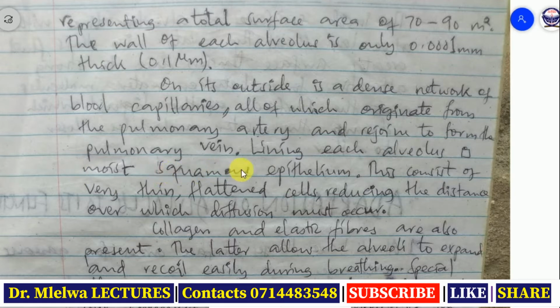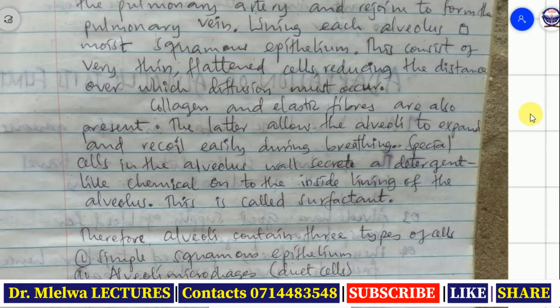Also, because they are squamous, meaning flat, they decrease the distance for diffusion of the gases. We call them simple because they are one layer. They consist of very thin, flattened cells, reducing the distance over which diffusion must occur.